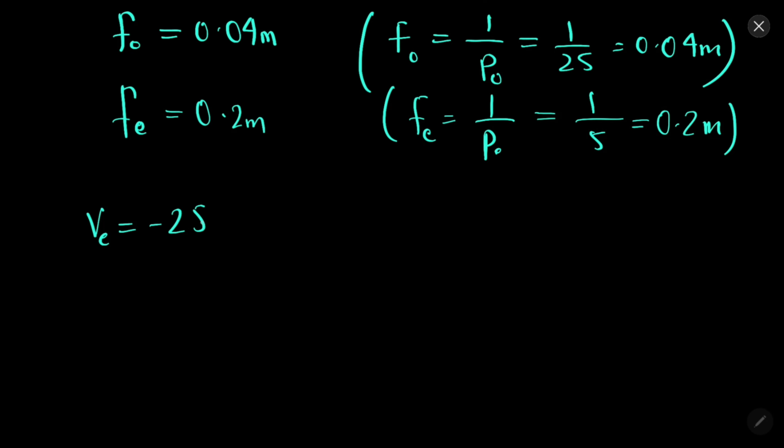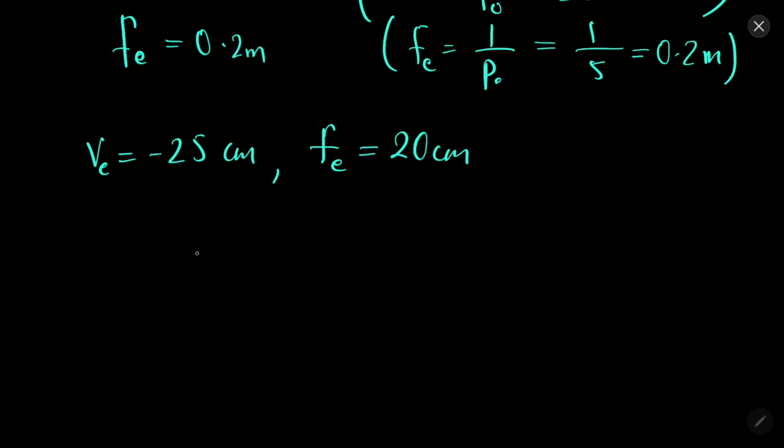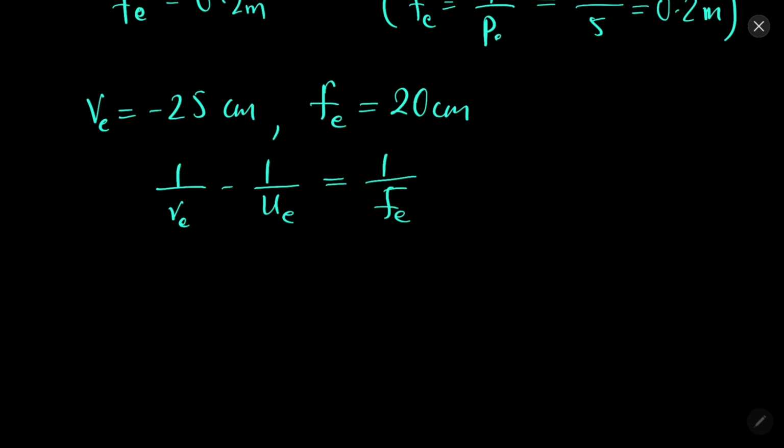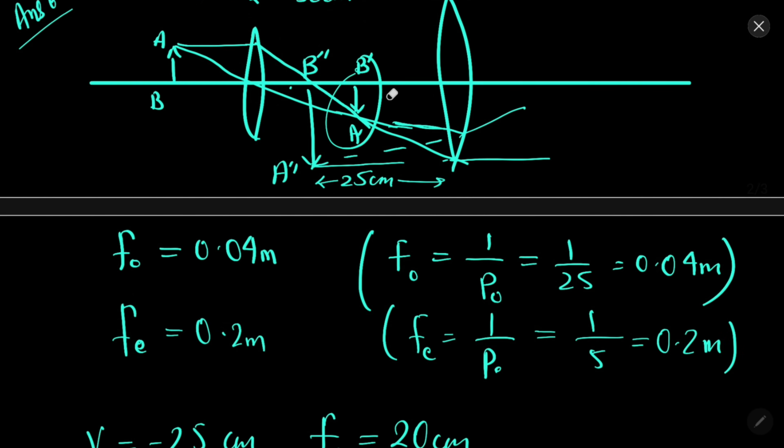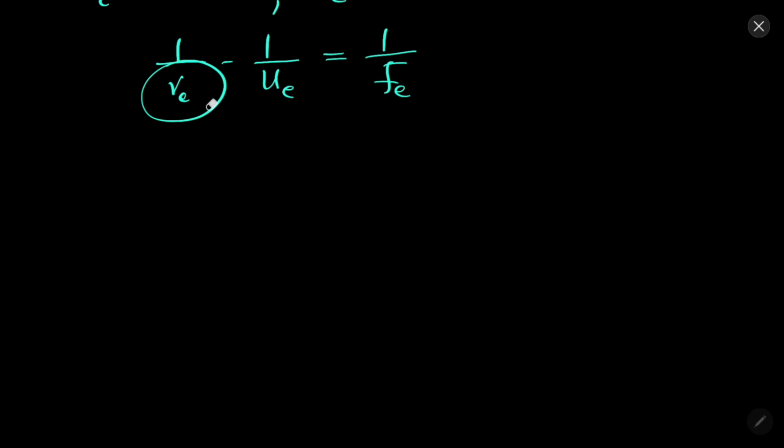So VE is minus 25 centimeter, and FE is given as 20 centimeter. From here, by the lens formula, we can find the location of the object for which we can have this image.